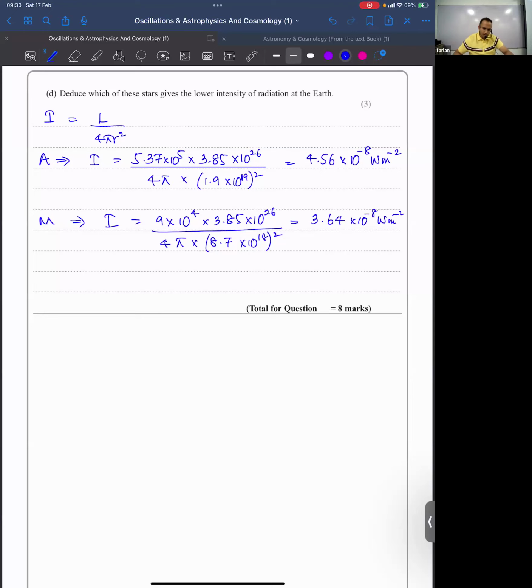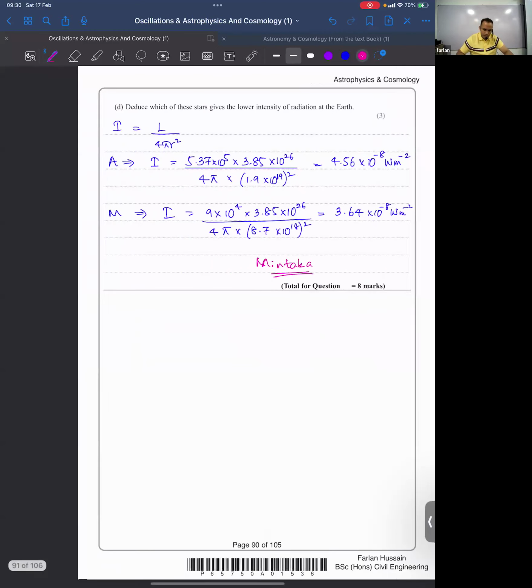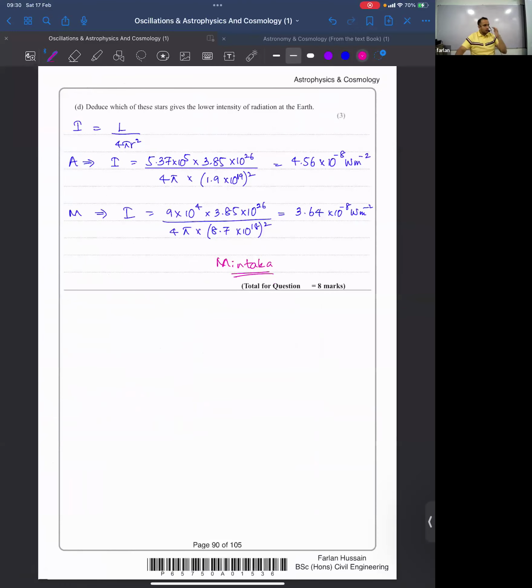So they're asking which one gives a lower intensity of radiation at the Earth. So my conclusion is the second one. Have you got this answer? Yes. Take their intensities at the surface of the Earth and pick the lower one. Okay.